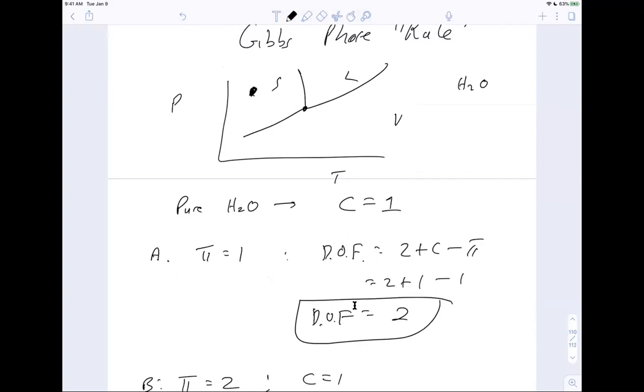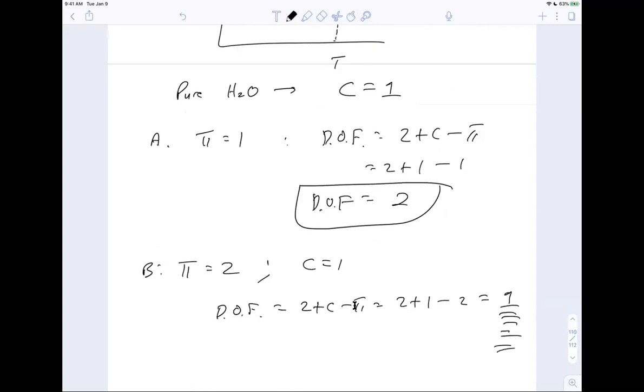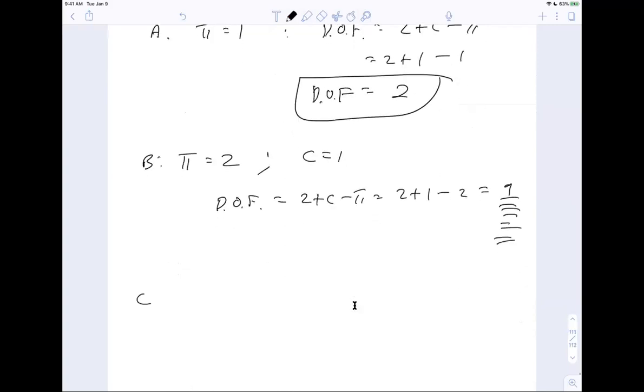If I want to have liquid and vapor in equilibrium at this temperature, I only have temperature. I set it. I said, I'm going to choose temperature. That's my degree of freedom. That's my 1 degree of freedom. And I'm done. And then finally, if you want the triple point, where we have 3 phases, C again is just 1 because we have pure water.